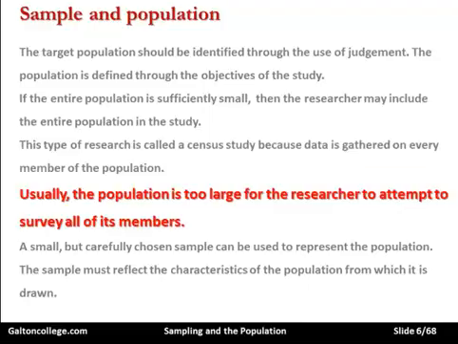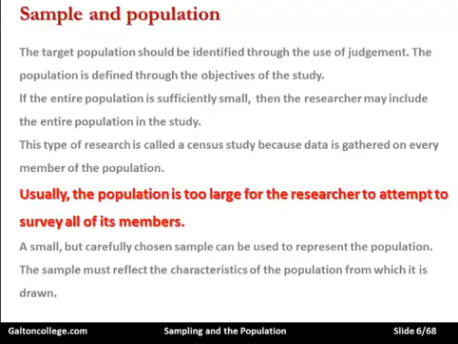Usually, however, the population is too large for the researcher to attempt to survey all of its members. Generally speaking, populations may be very wide-ranging and may also be distributed geographically, which will further increase the cost of trying to investigate every member of the population.